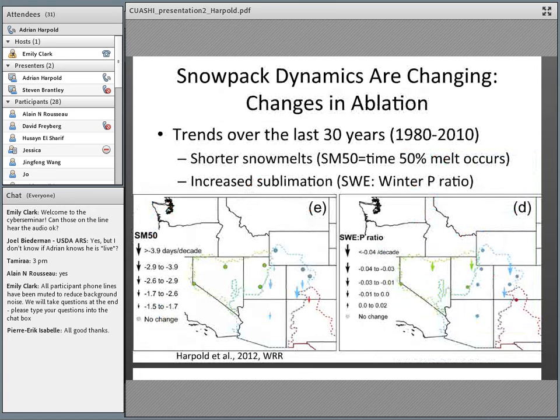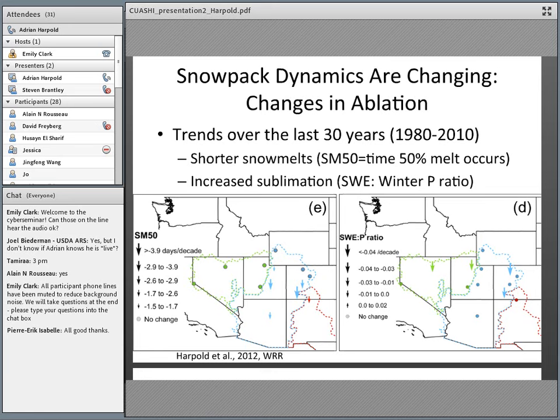We're also seeing changes in ablation, or loss of mass of the snowpack. And so if we look over the last 30 years, we can see changes in our snowmelt, our length of snowmelt, which is called SM50 here. So shorter snowmelt lengths over the course of that 30 years, and changes in sublimation that we're inferring here as a ratio of snow water equivalent, or SWE, to winter precipitation.